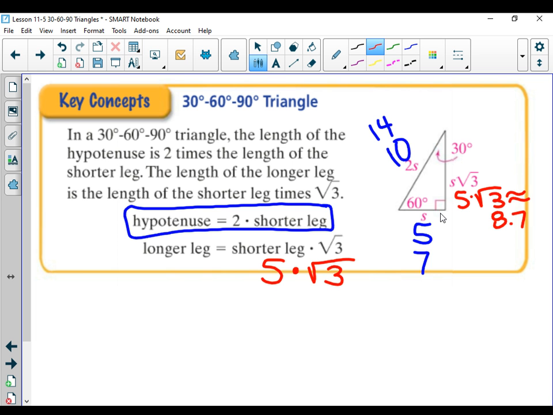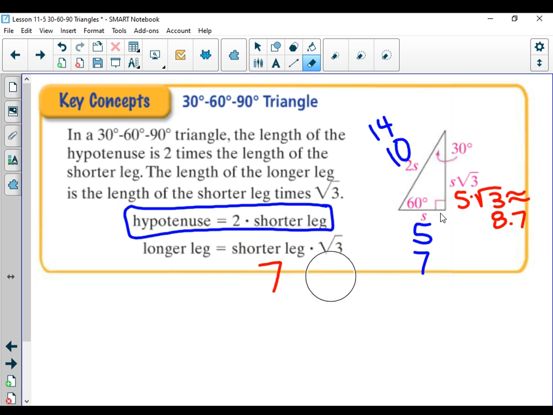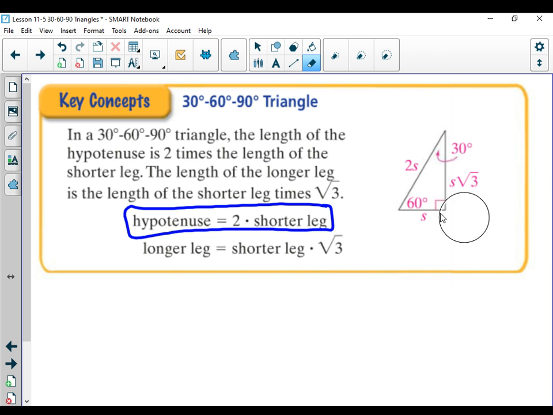What if the short leg is 7? 7 times the square root of 3 is 12.1. Let's try another one. What if the short leg is 11? 11 times square root of 3.